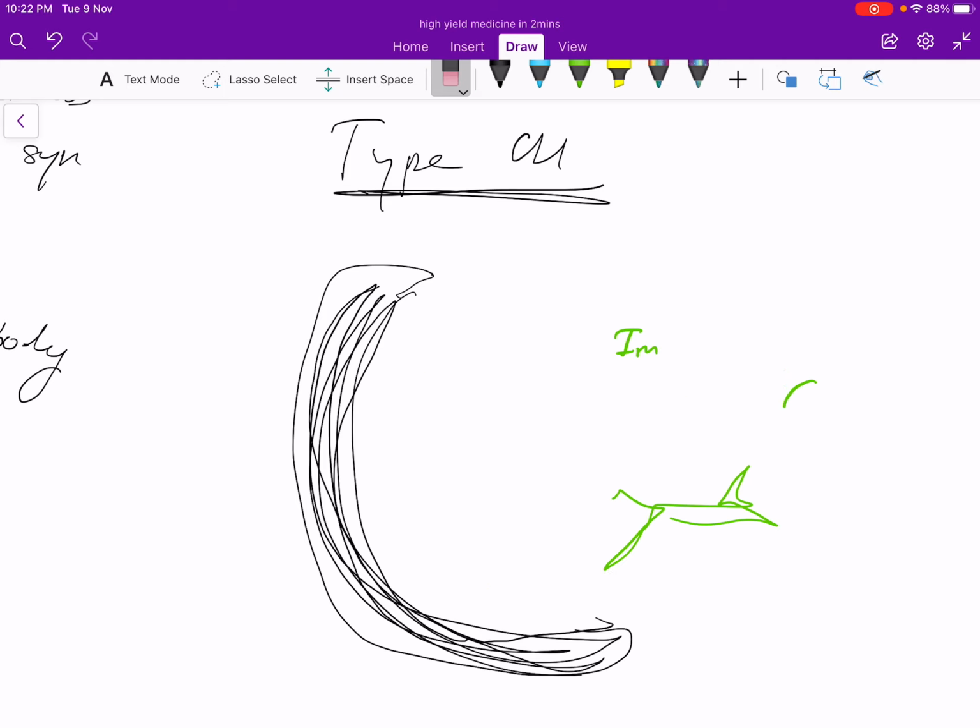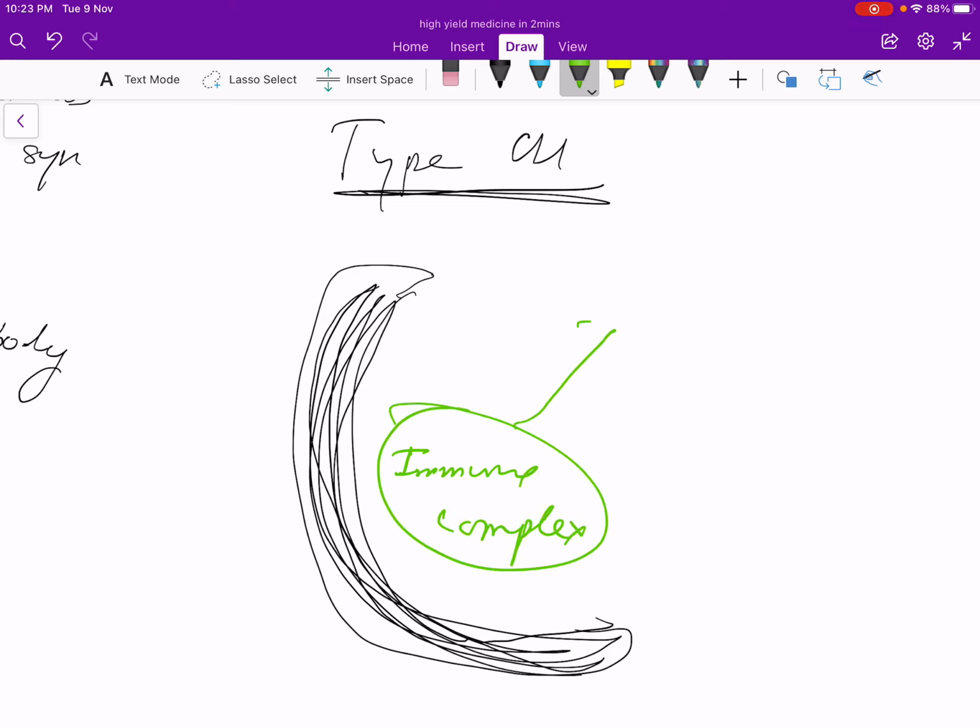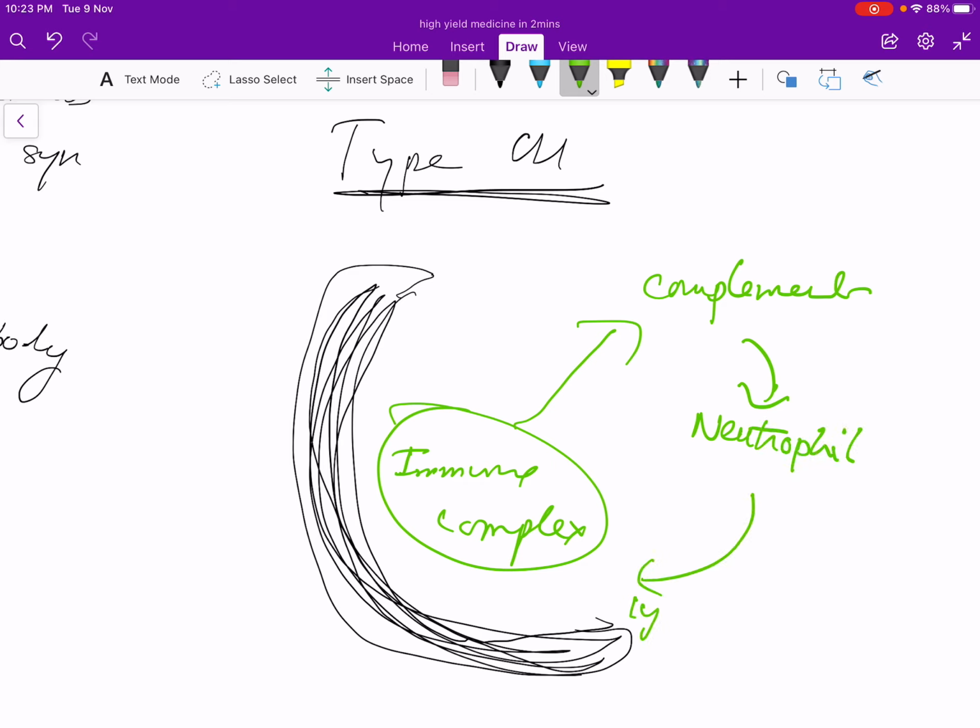When they aggregate, these aggregated immune complexes draw in complement, and complement brings neutrophils, and once neutrophils come into the picture, they release lysosomal enzymes, and these enzymes digest and attack the normal cells.